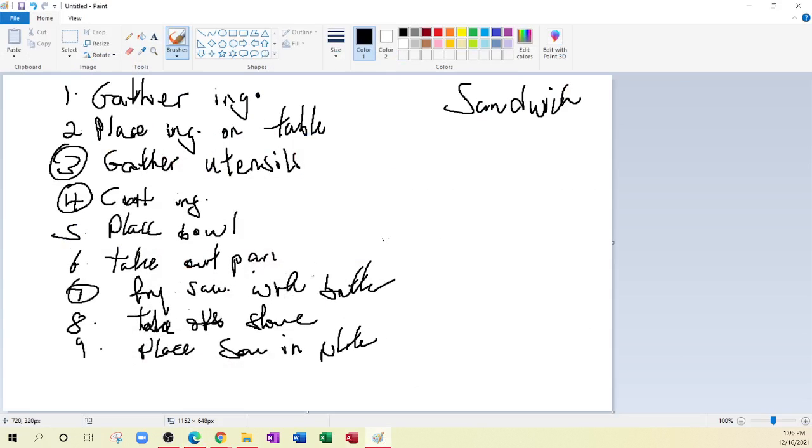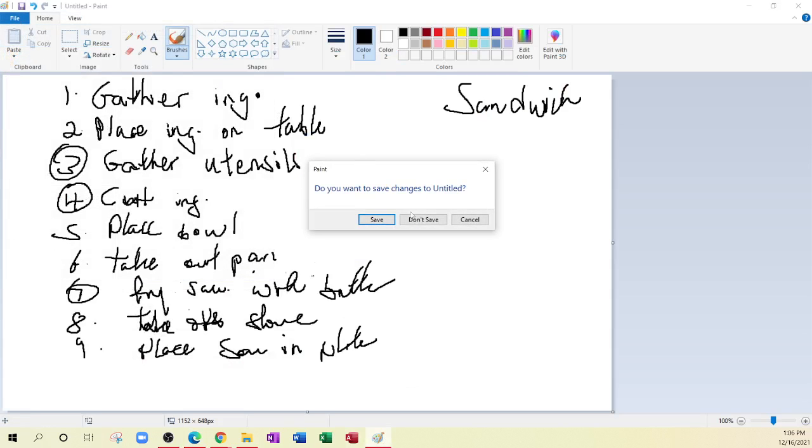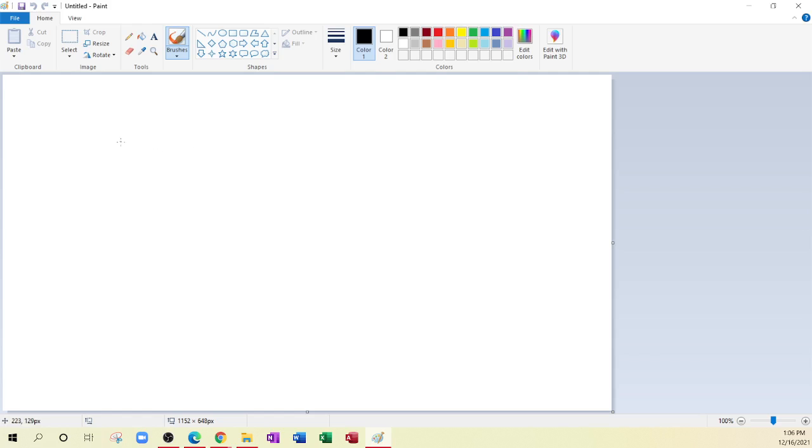Let me give you guys another example of an algorithm. Say, for example, you want to add two numbers. So you want to add 2 plus 2, and you want to get the answer.